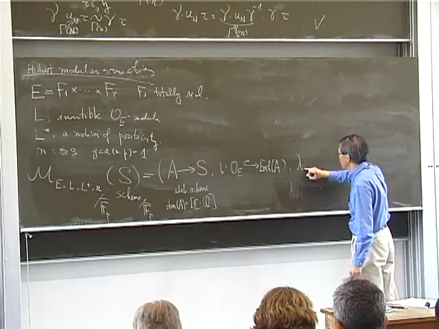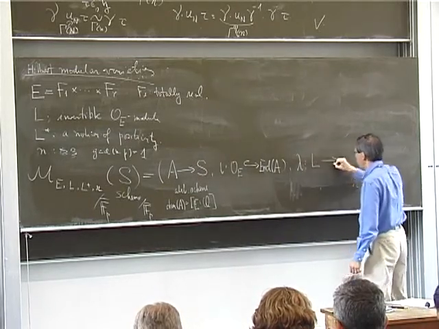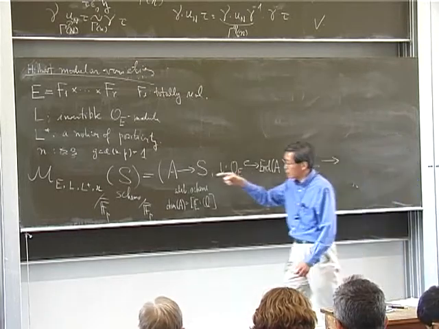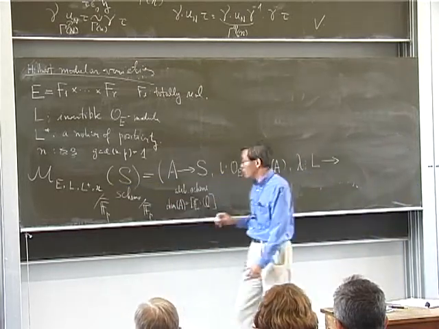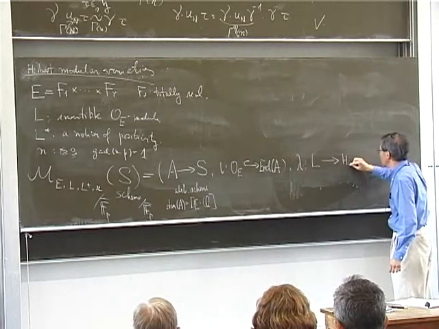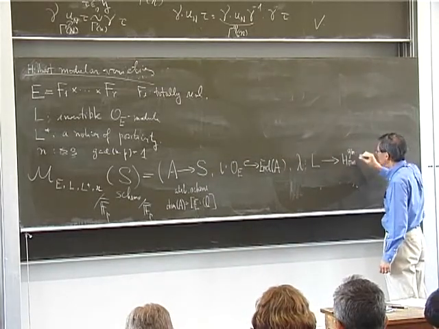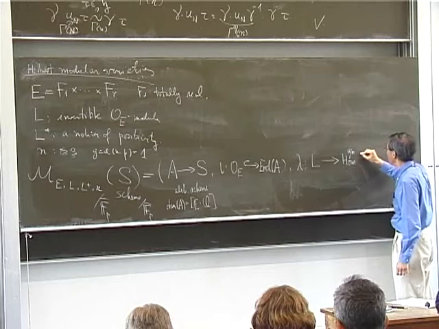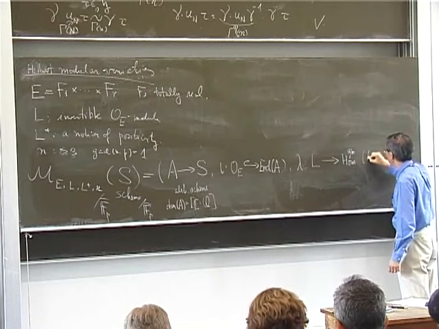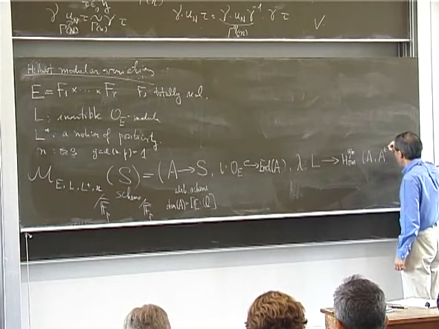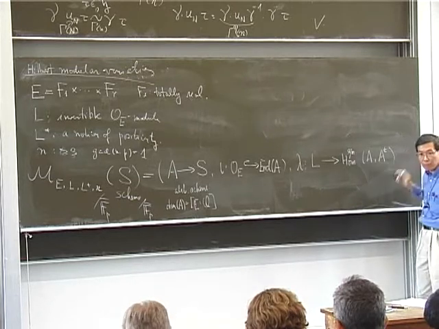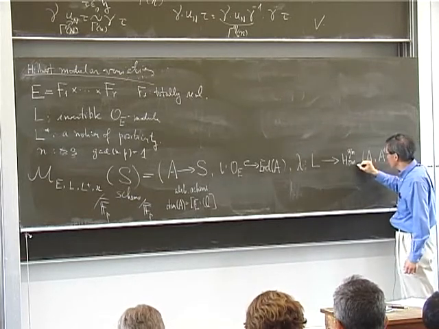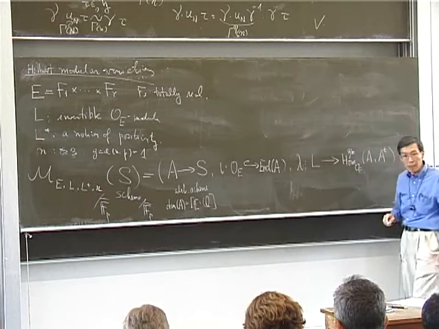In fact, it's a homomorphism from this invertible O_E module to the symmetric homomorphisms from A to the transpose of A, the dual abelian scheme. And we want it to be O_E linear.